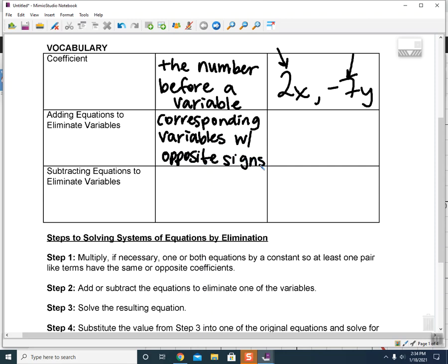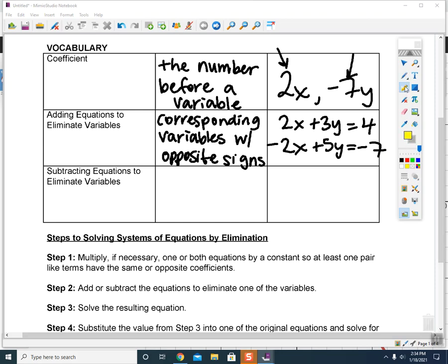I could have the equation, I don't know, 2x plus 3y equals 4. And then the equation negative 2x plus 5y equals negative 7. Okay? So here's what I'm talking about, corresponding variables. So here are my corresponding variables, or my x's in this case.